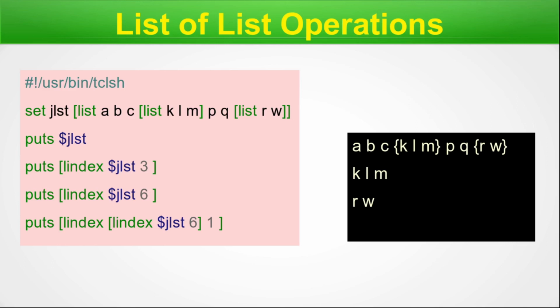So the innermost first: lindex $list 6, it is the sixth element, and it's a list of lists. So the first element of that particular list will be printed. What we get when we echo this is W. There are two elements, 0 and 1, and we have printed out the 1, so that is W. So guys, these are examples of a list and accessing them.